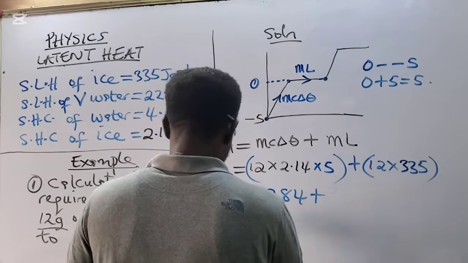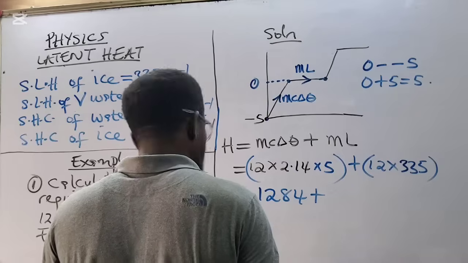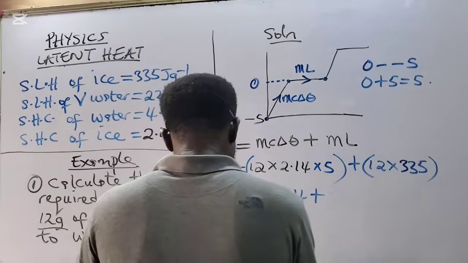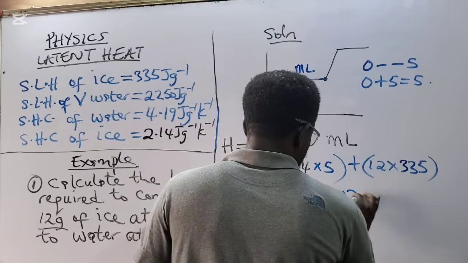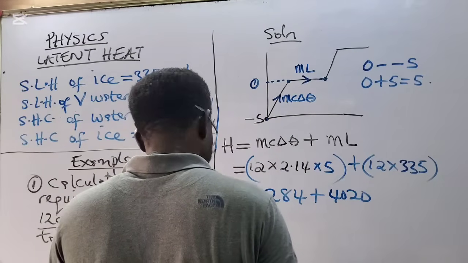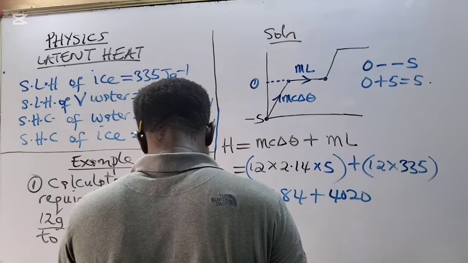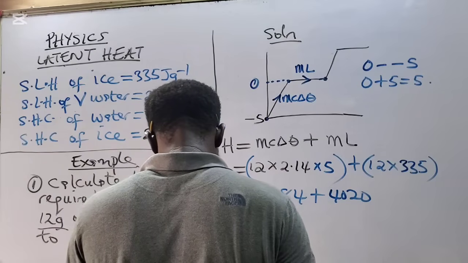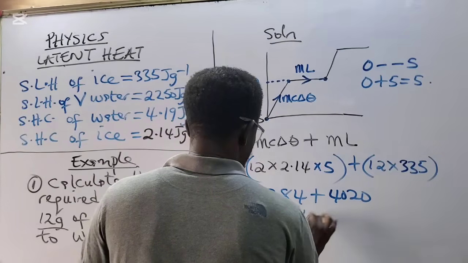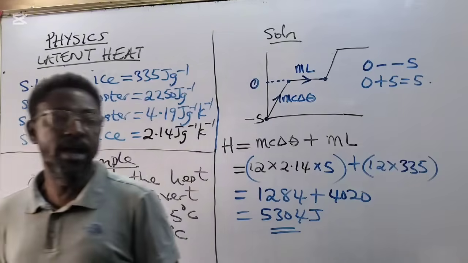And we have 12 times 335. The value was 4020. When you add that up, that was 5,304 joules. That is the heat required.